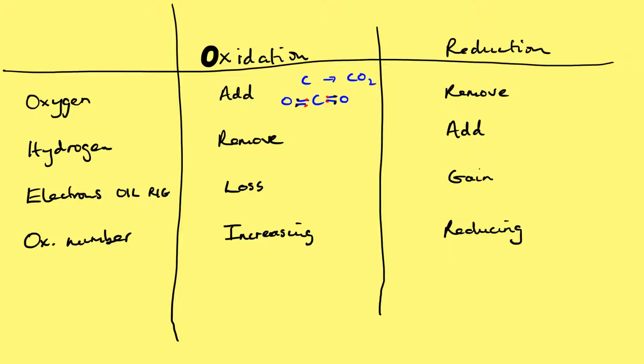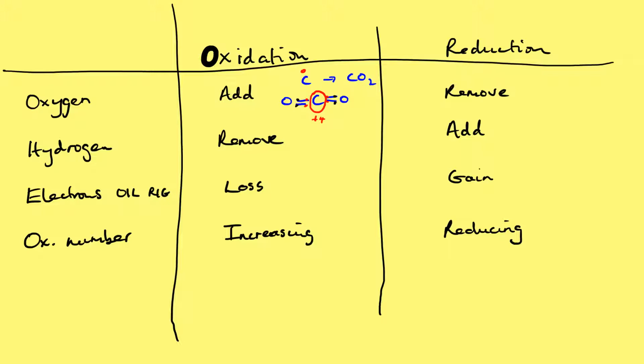Alright, so this carbon has none of those electrons. So it started off with 4, and it's now got none. So its oxidation number is going to be +4, whereas it started off as 0.